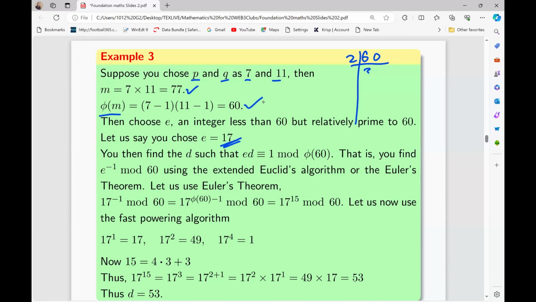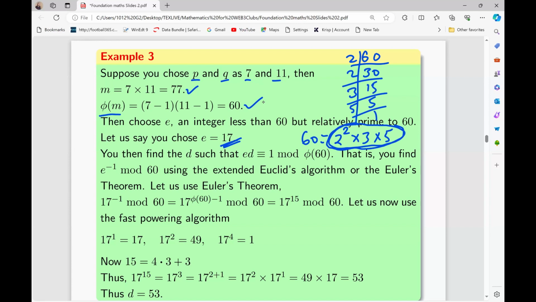This is 30, this is 15, this is 5, 3 there, and 1. So I can see that 60 is the same as 2 raised to 2 times 3 times 5. So I choose any number that is not a factor here and is less than 60.